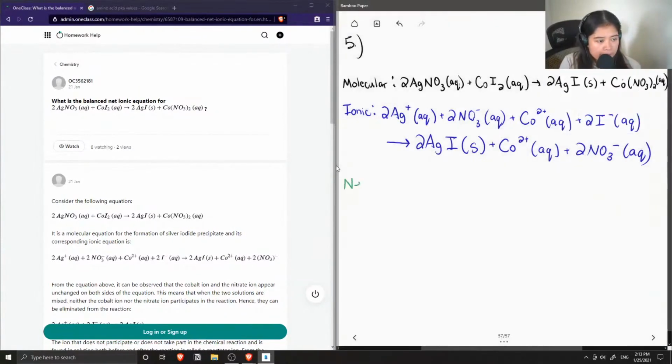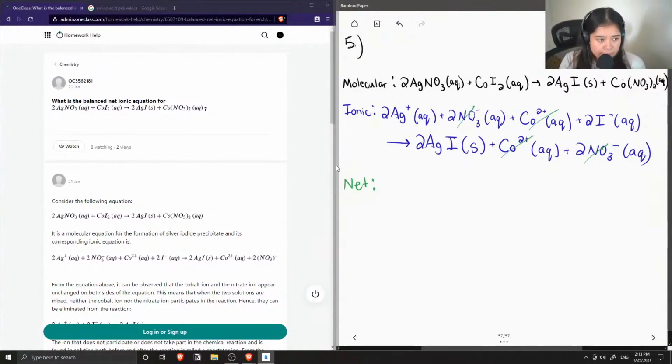And now when we want to find the net ionic equation, we need to cross out all of the spectator ions. So spectator ions appear the same on both the reactant side and the product side. If we look at our example, we have 2 nitrate that appears on both sides, and we also have the cobalt ion that appears on both sides as well.